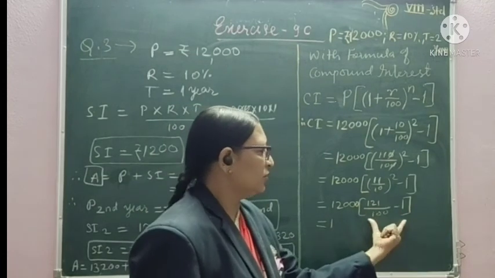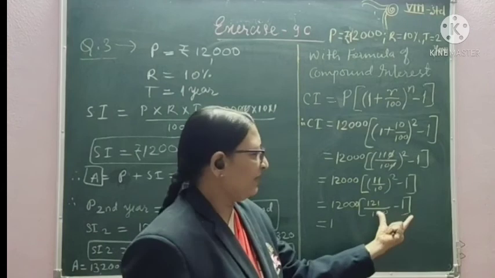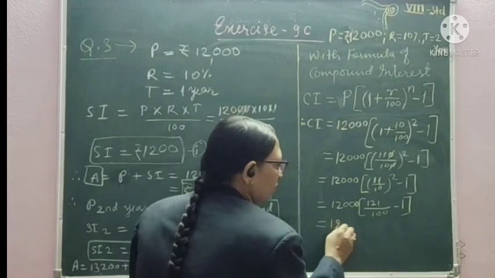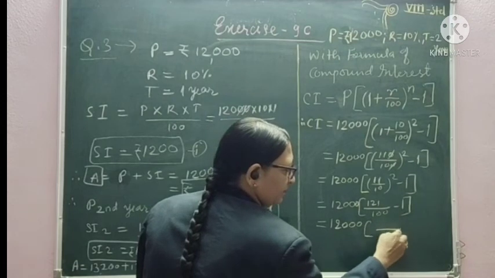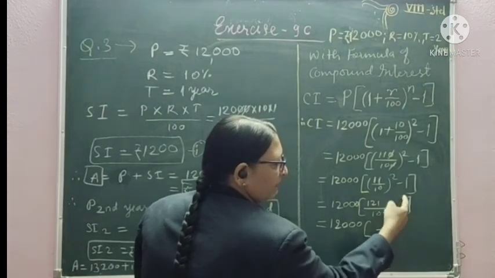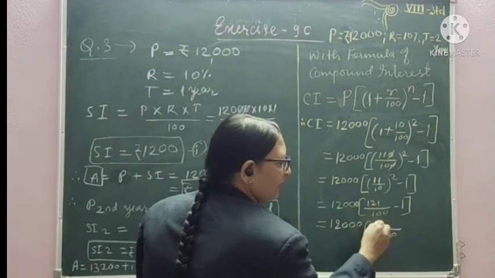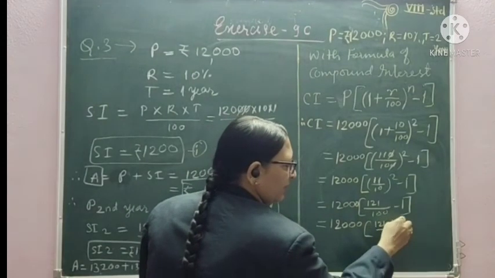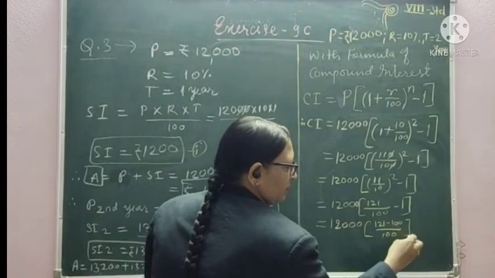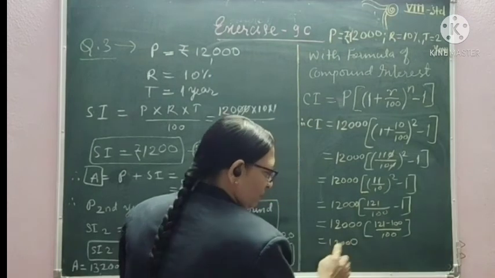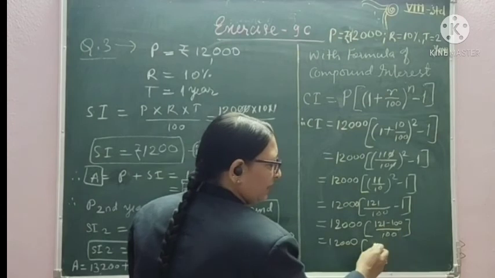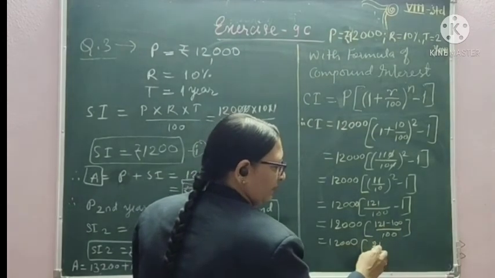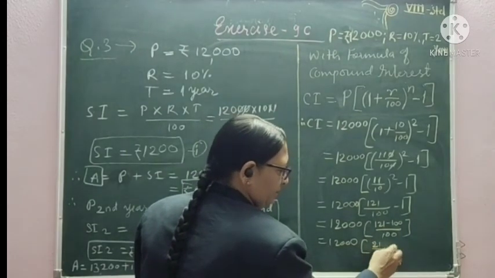And this subtraction we have to do by finding the LCM. So 12,000 in the bracket, LCM is 100. 100 we will multiply, so the numerator will also become 100. 121 minus 100. So the next step, 12,000 into (121 minus 100) is equal to 21 upon 100.